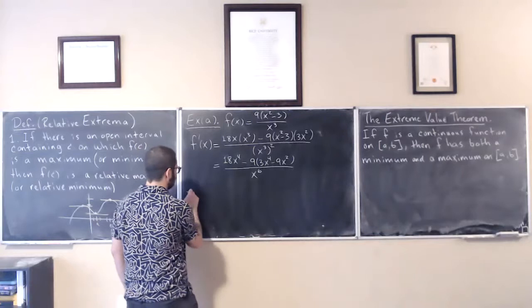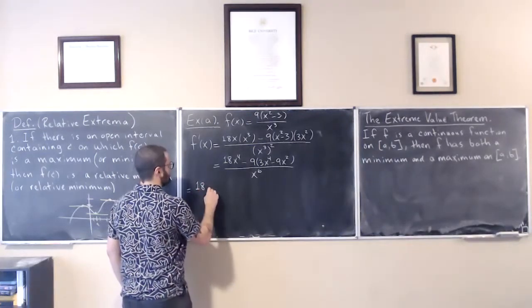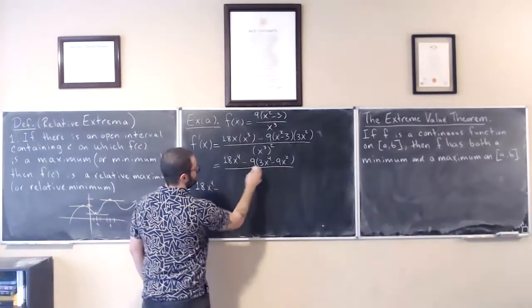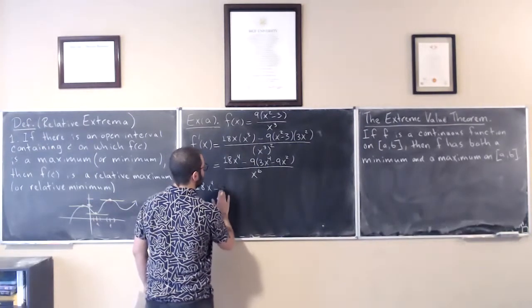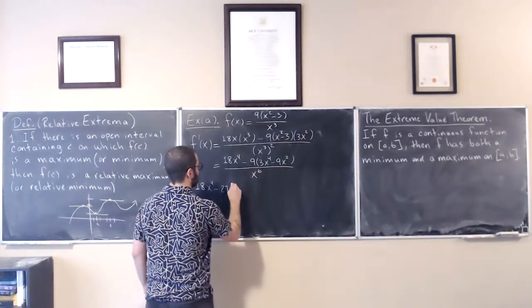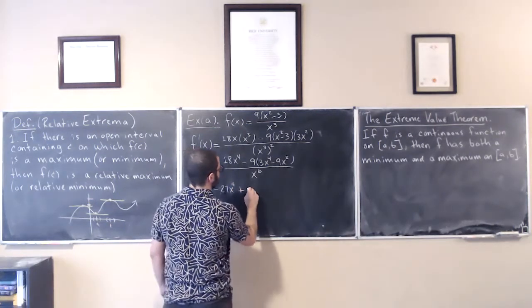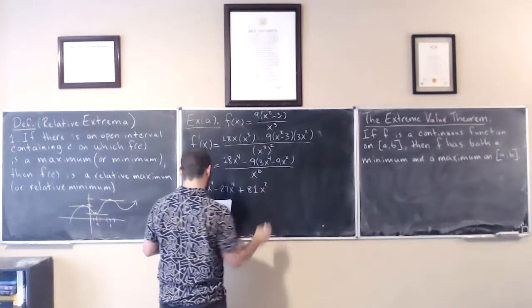So then we have 18x to the power 4 minus 27x to the power 4 plus 81x squared.